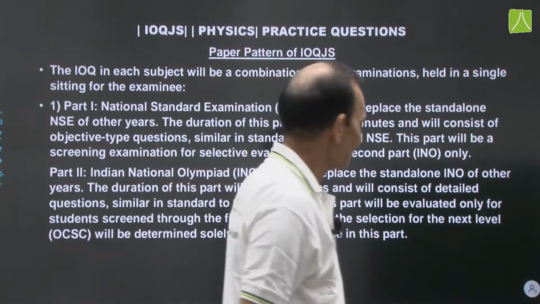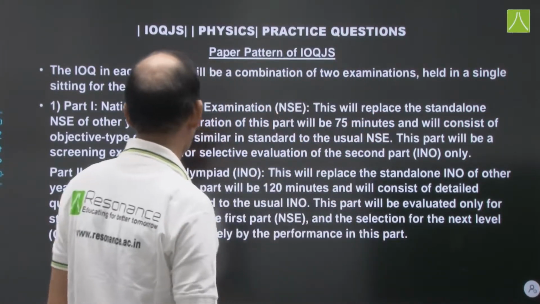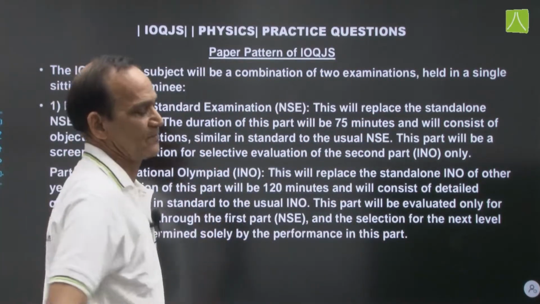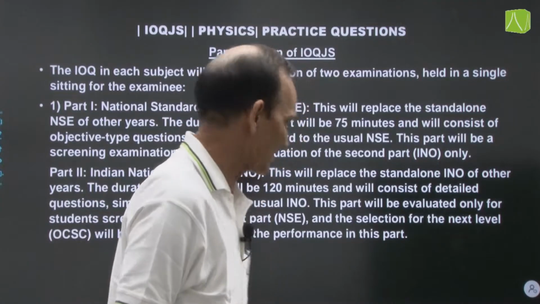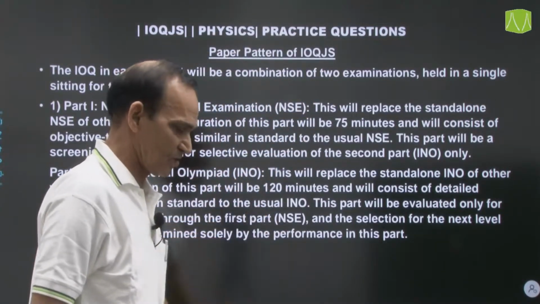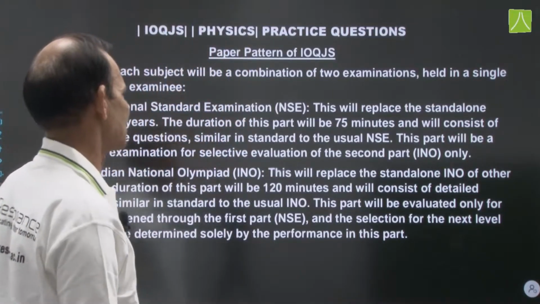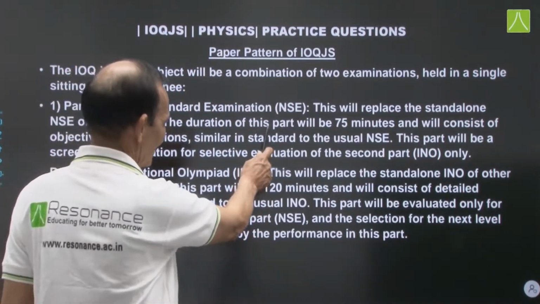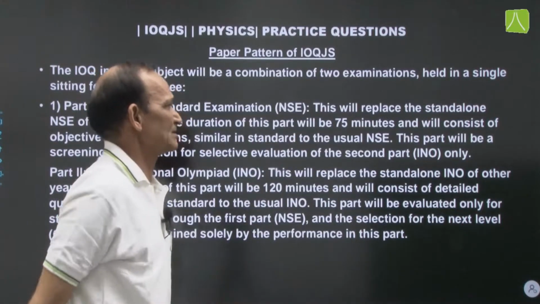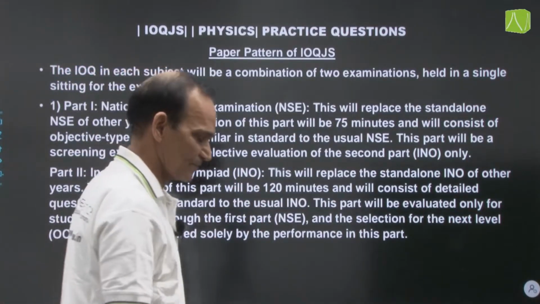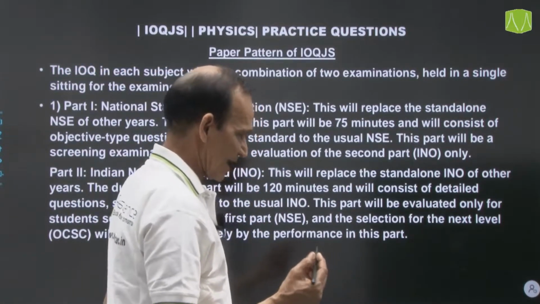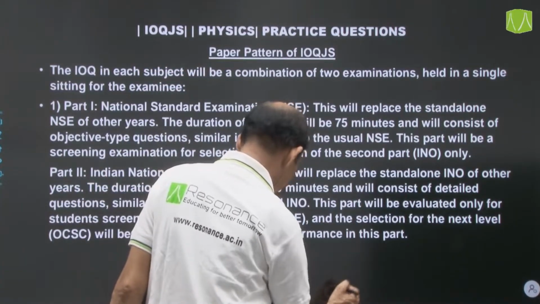Important thing is, only the copies of those students who are selected in the first paper, first part, will be checked for INO, same as in previous years. Earlier, the selection in the first paper was on the basis of MI and MAS.